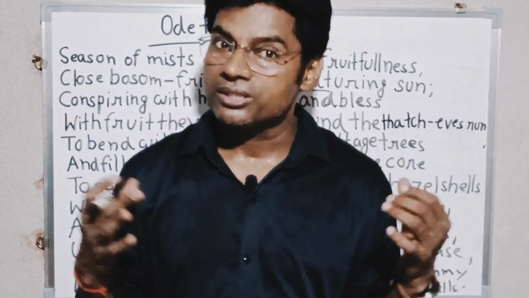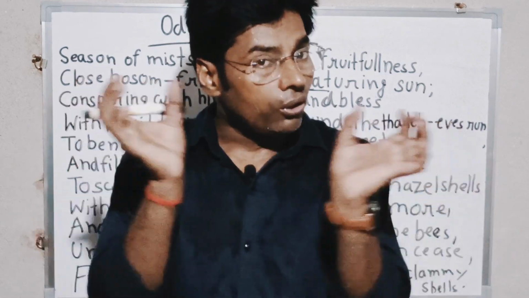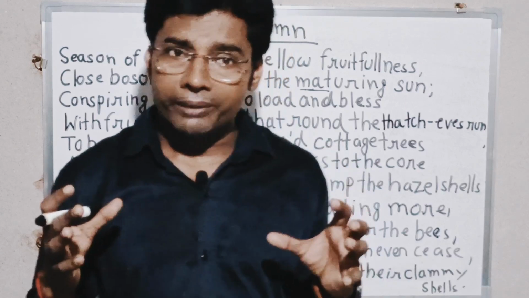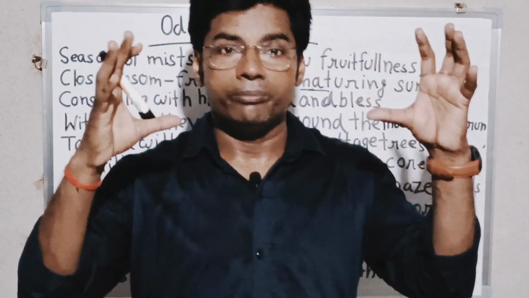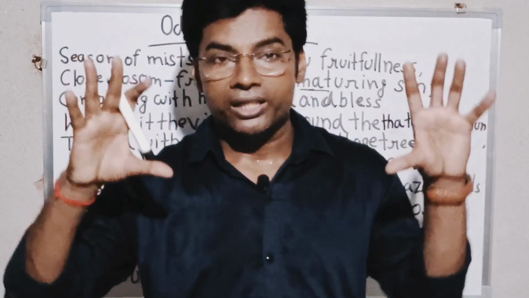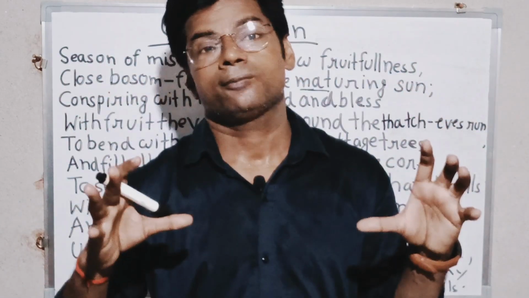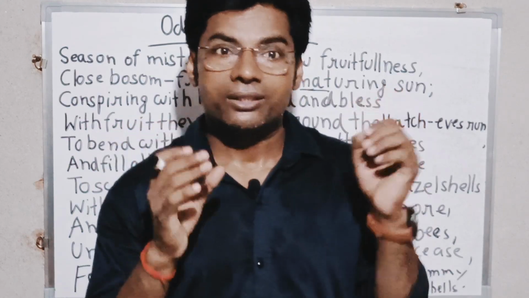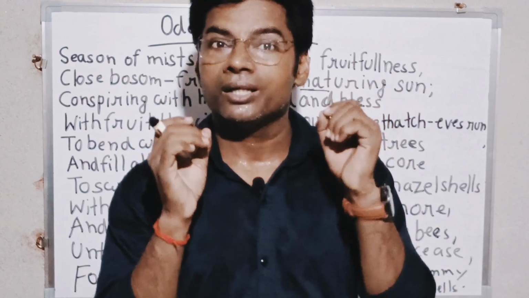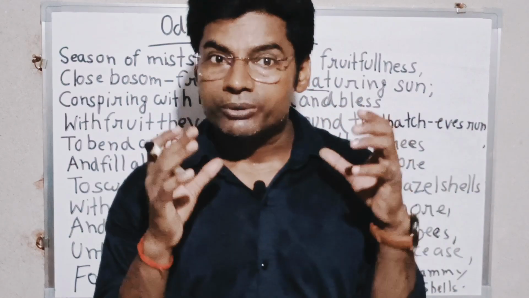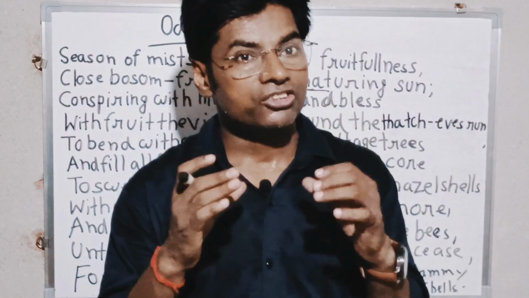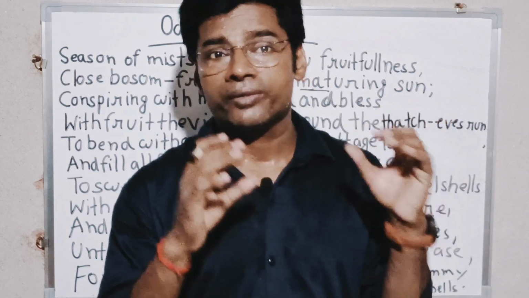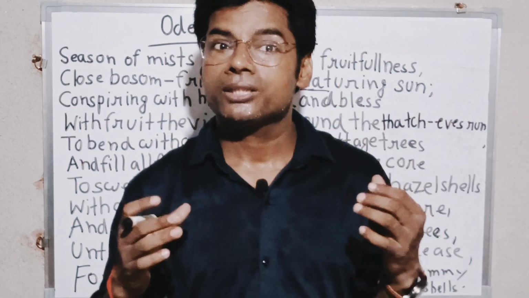Definitely they will start decaying. So on one hand, autumn describes the beauty of nature, loading it with fruits and flowers. On the other hand, it is indirectly giving a hint of approaching death and destruction that will seal the life of every element in nature.